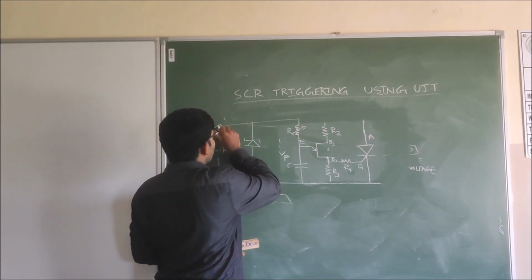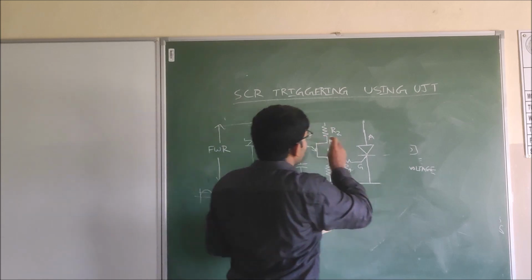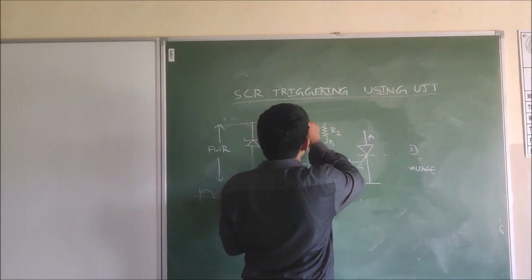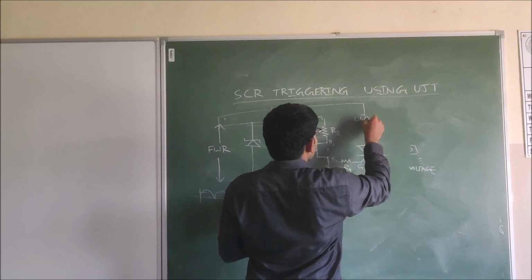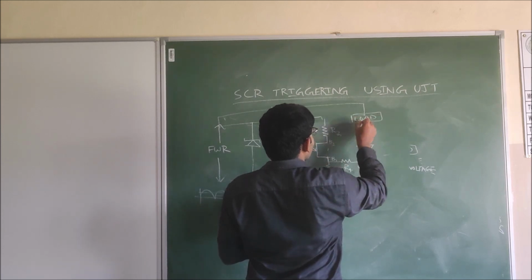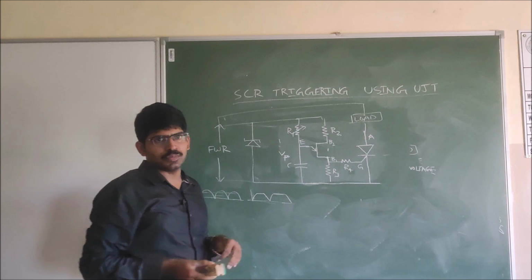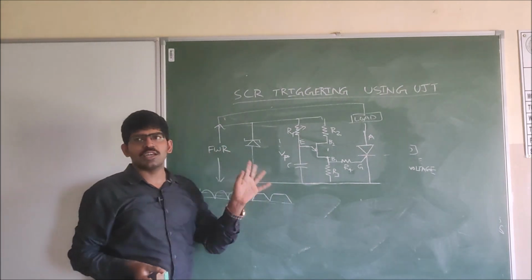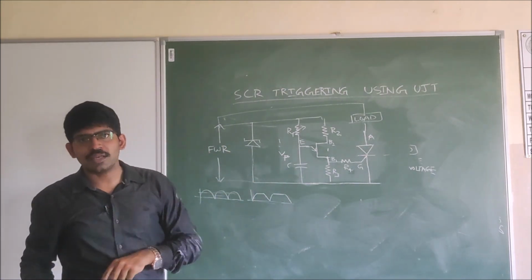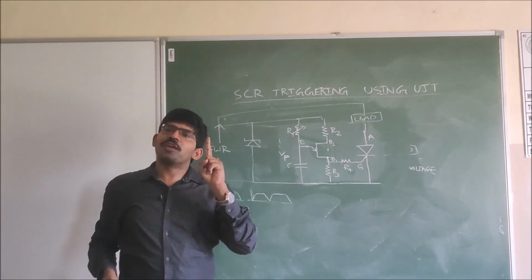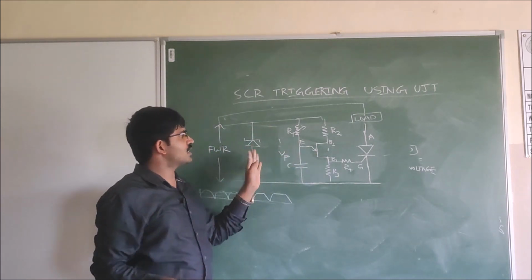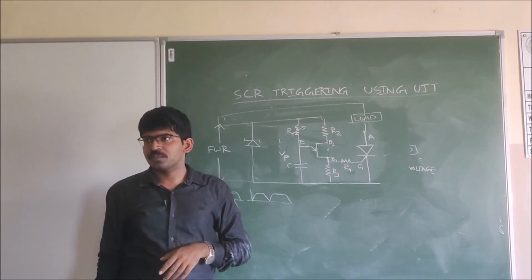The same full wave rectified output we are also giving to the SCR. The advantage with this circuit is there is no need to give two supplies. A single full wave rectified input is sufficient for both the SCR and the UJT.